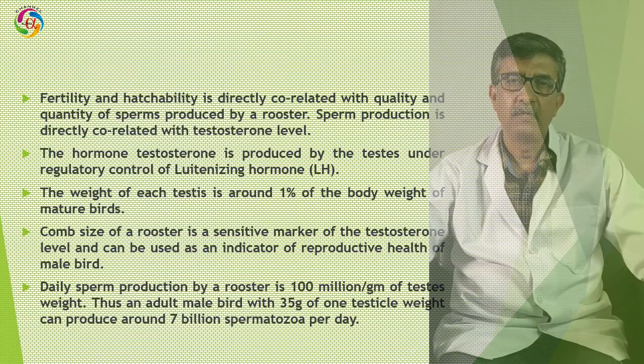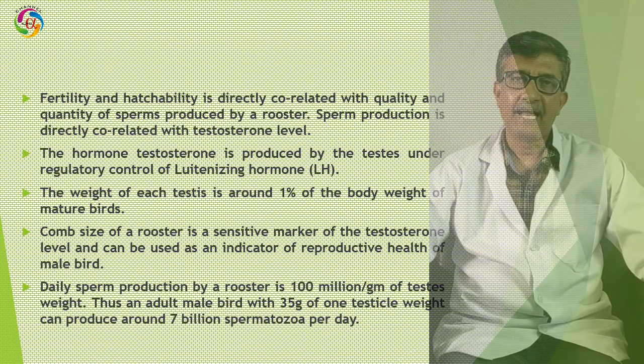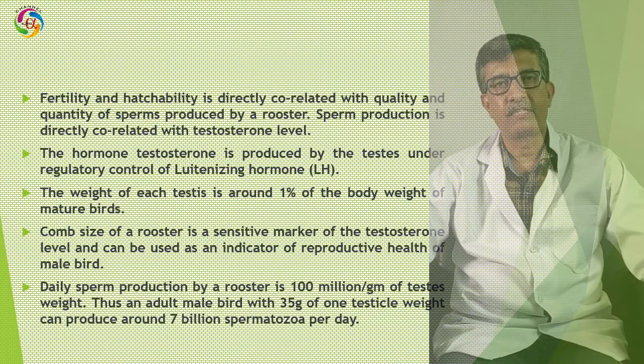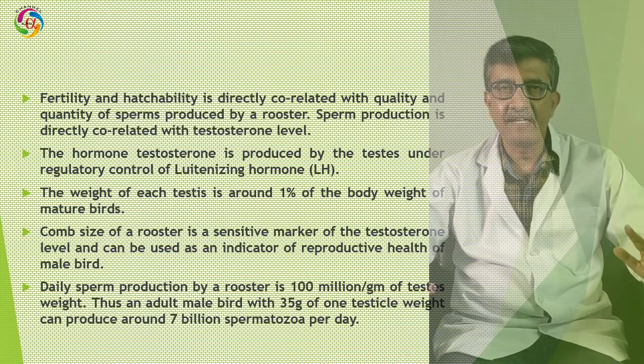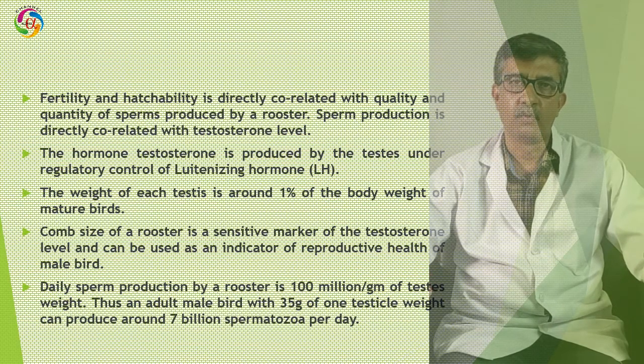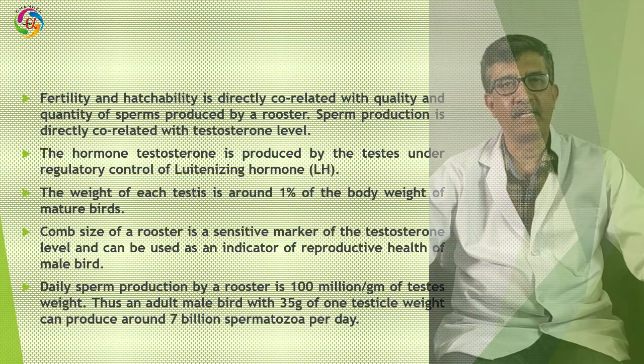The hormone testosterone is produced by the testes, and this production of testosterone is under direct control of luteinizing hormone, which is produced from the anterior pituitary.